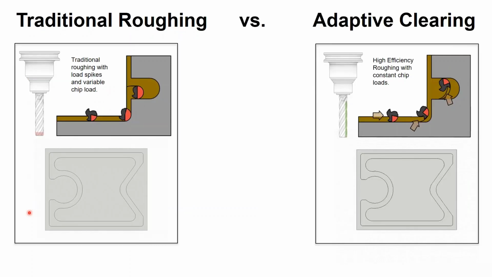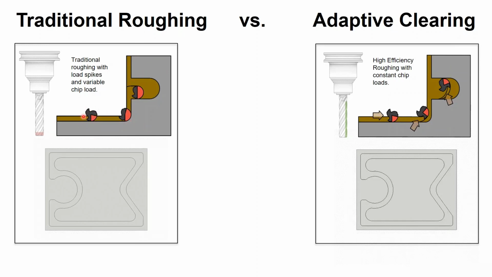I would like to talk a little bit more about adaptive clearing, just to make it clear what it does and how good it is. On the left-hand side, we have an example of traditional roughing, and on the right-hand side, we have an explanation of the adaptive clearing. Let's look at the traditional roughing, and let's look at this part from above.